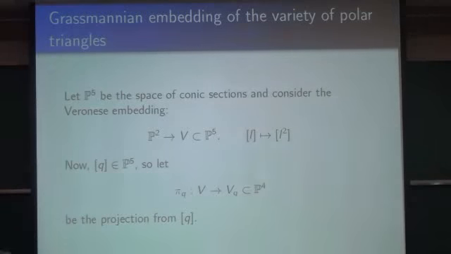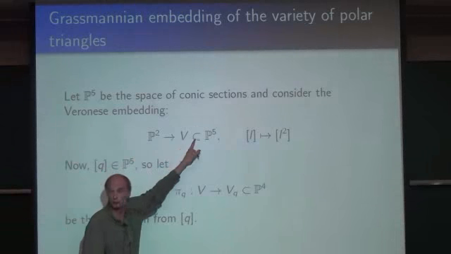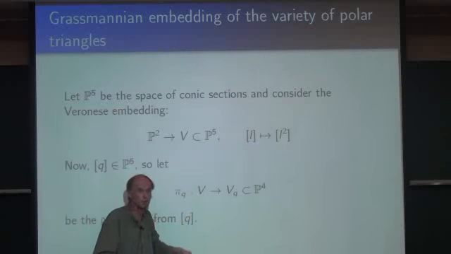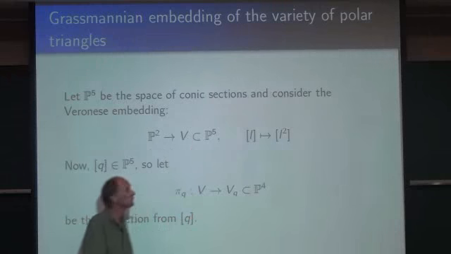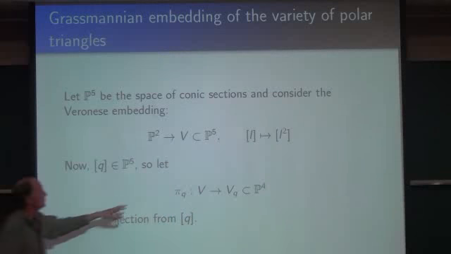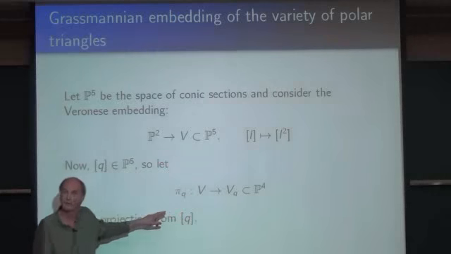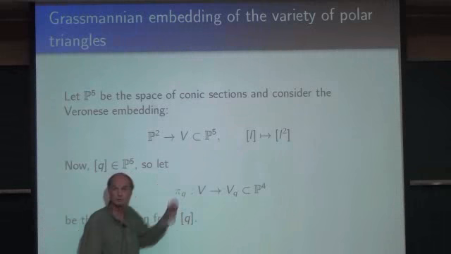Now there's a natural map of the linear forms into the quadratic forms, taking the square, L to L squared. So inside P5 I have all the squares. This is called the Veronese surface. And inside this P5 I also find my conic section, my quadratic form, as a point in this P5.